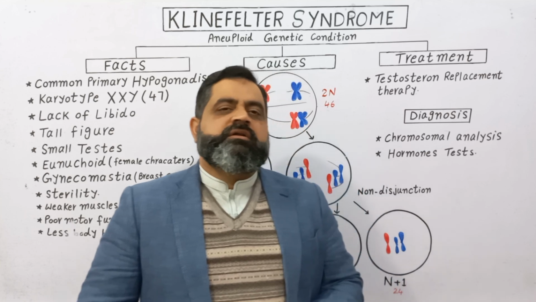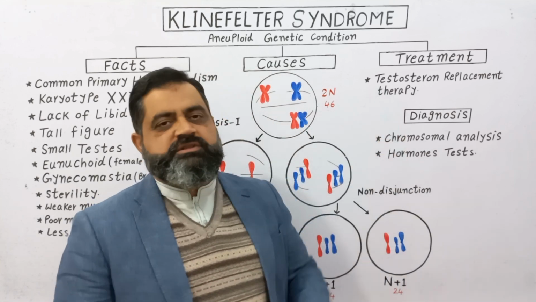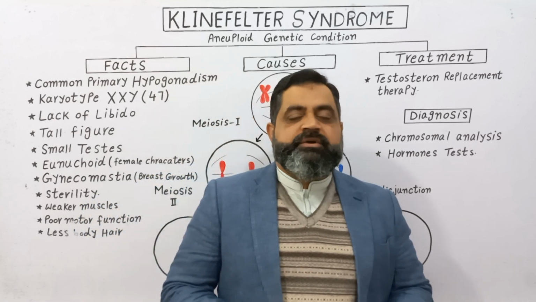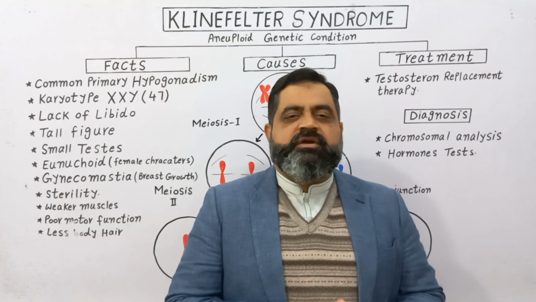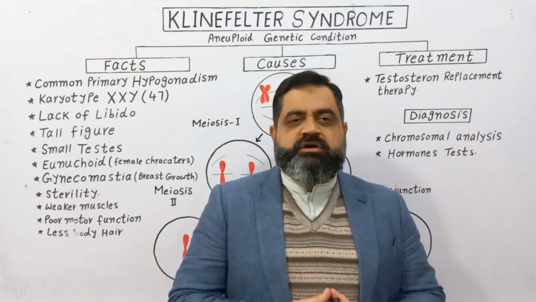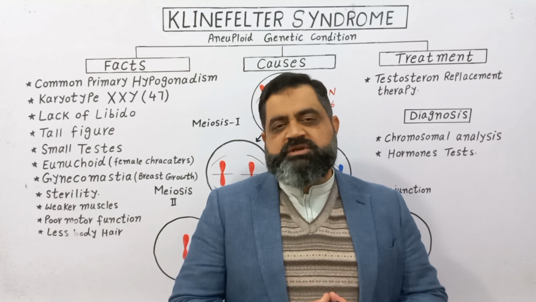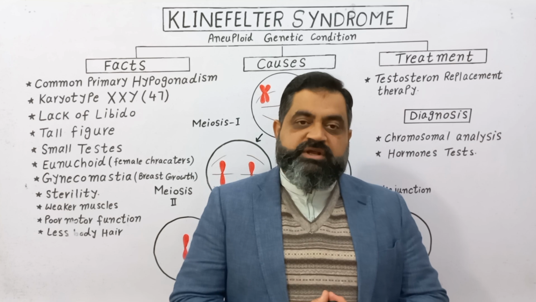There is no cure, but certain treatments like testosterone replacement therapy will help to live a normal life with this condition. Some other treatments are also available, like speech therapy. Some surgeries can also be done for enlarged breasts.